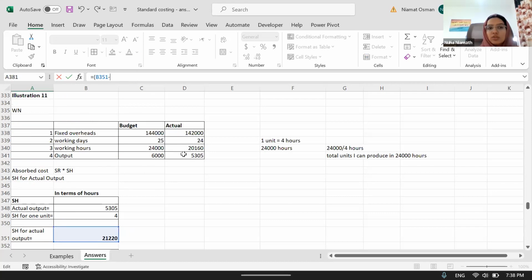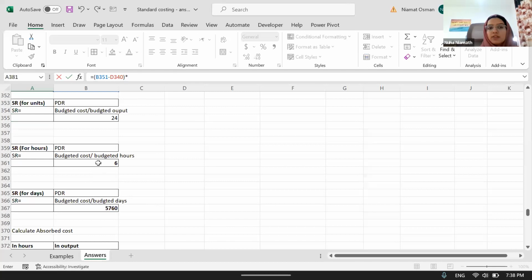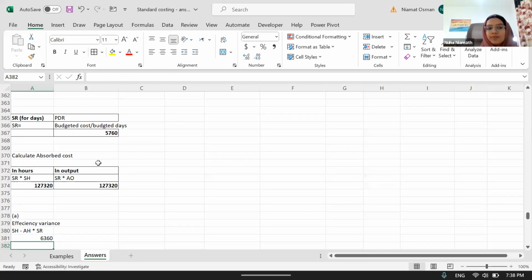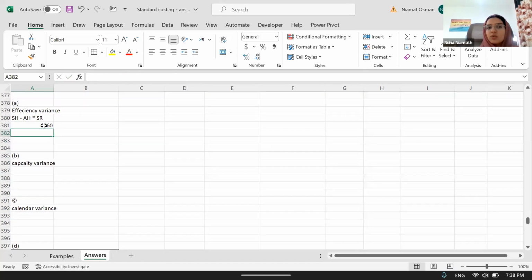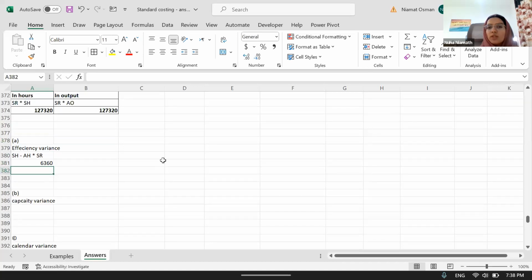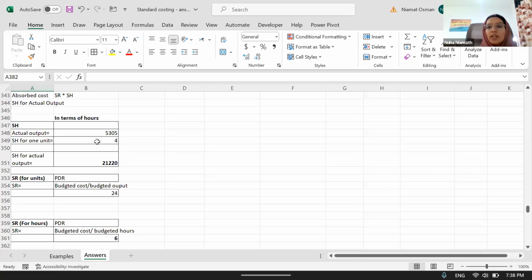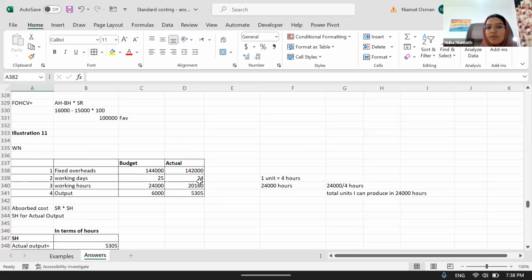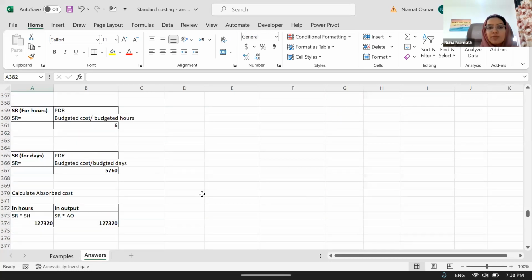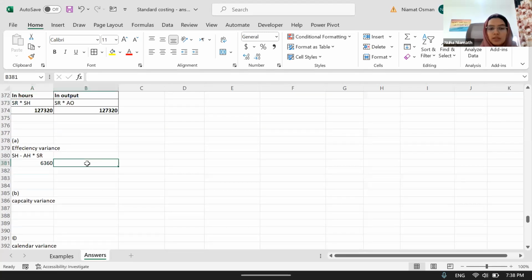AH. 20,160 into SR 6. That comes to 6,360. So what do you think? Is it favorable or adverse? Standard hours should have been 21,220. We have taken 20,000. Perfect, Taslima. Favorable. Excellent. So we have a favorable variance.